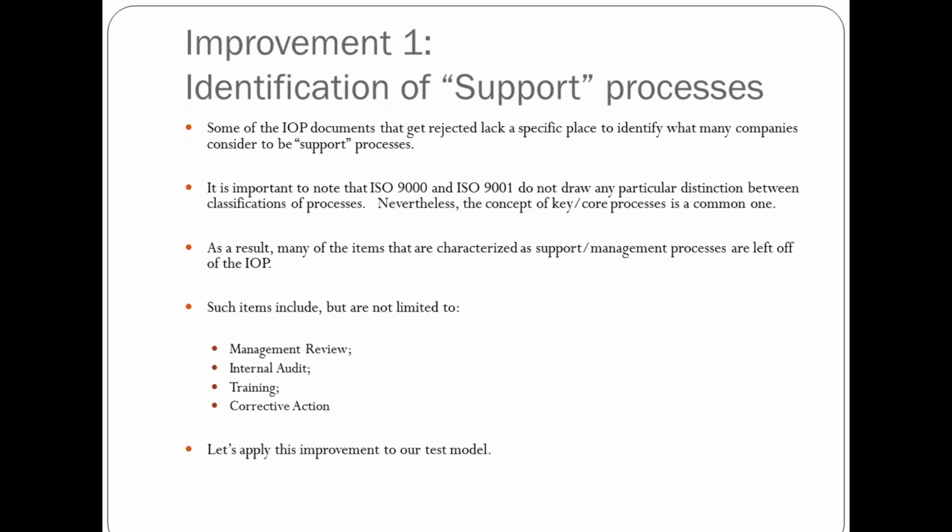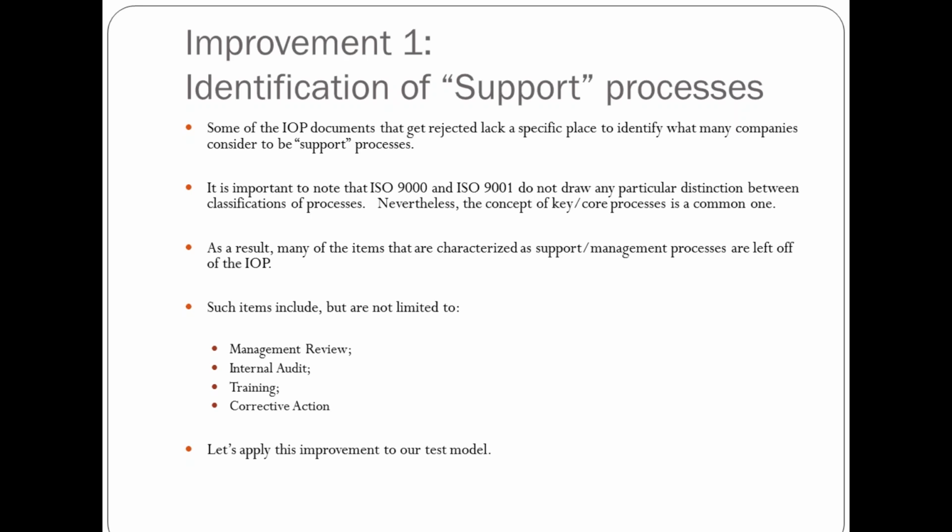But this is something that we see often, having key or core processes and then support items. Now, unfortunately, because some organizations own their core activities, the support processes end up getting left off of the IOP.